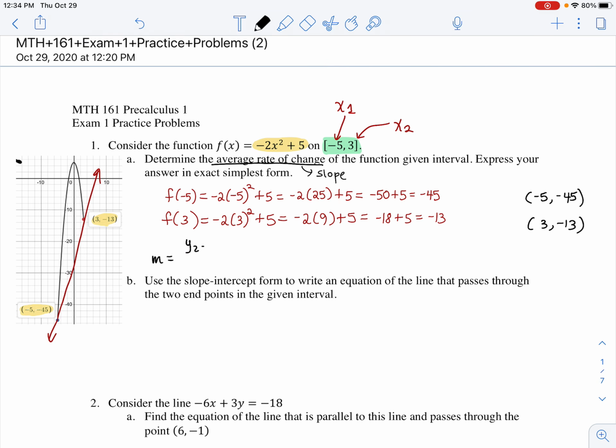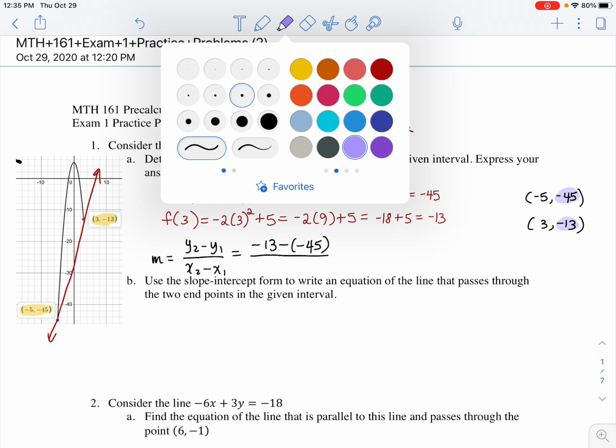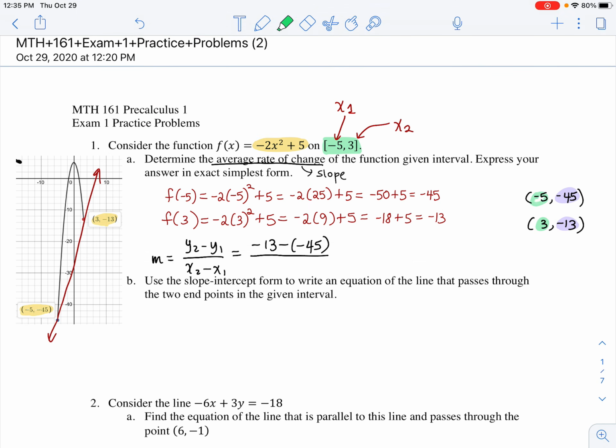m equals y2 minus y1 over x2 minus x1. Okay? If I do y2 minus y1, I'm doing -13 minus -45. Close the parenthesis and go to the denominator. Let's subtract 3 minus -5.